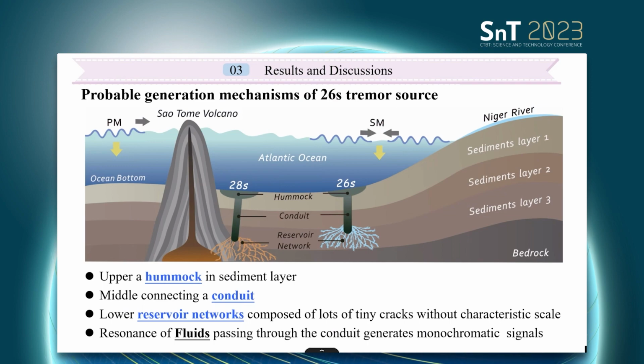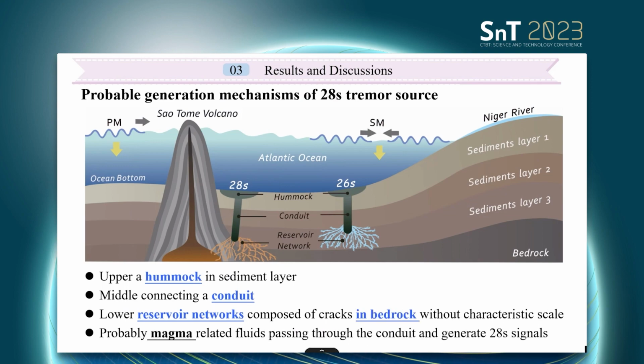The resonance of fluids passing through the conduit generates monochromatic 26-second signals. And the 28-second source has a similar structure to the 26-second, but it's deeper. Its reservoir networks are in the bedrock, and probably magma-related fluids passing through the conduit generate the 28-second signals.